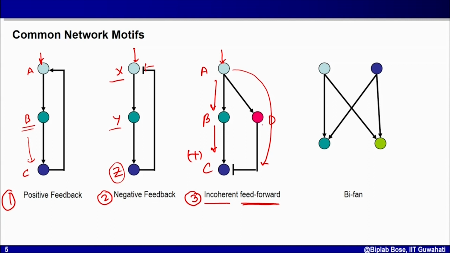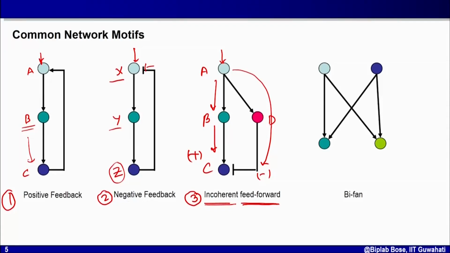Whereas A to D and then eventually C, this path is a negative path. It is telling it, no, don't get activated. So C is controlled by two paths originating from A. One is telling it to get activated, the other one is telling it to get deactivated. So it is incoherent. That's why it is called incoherent feed forward.